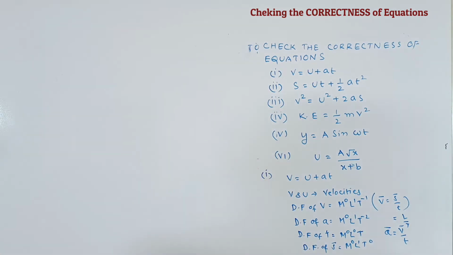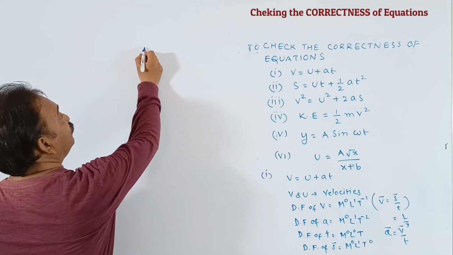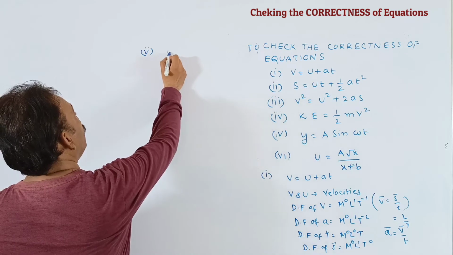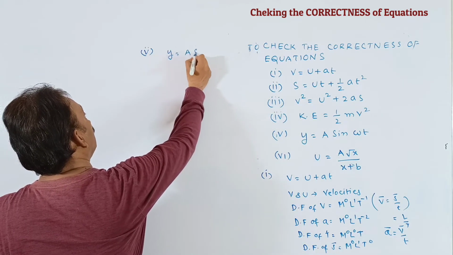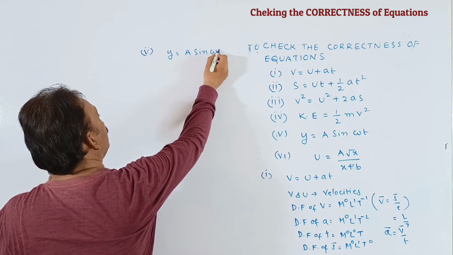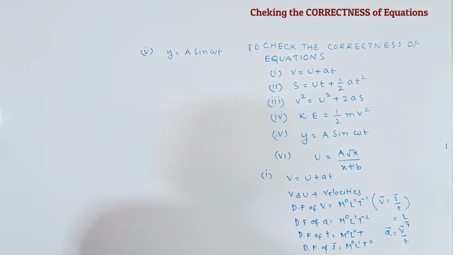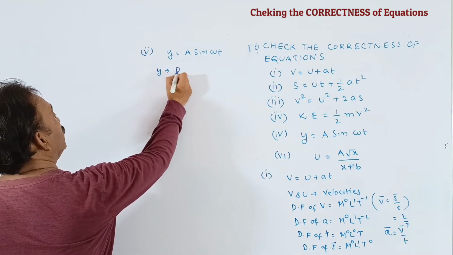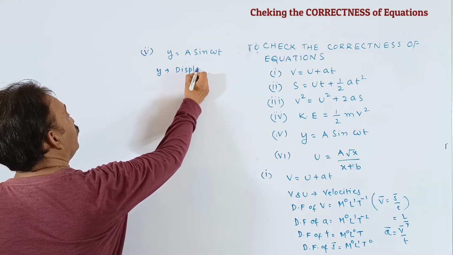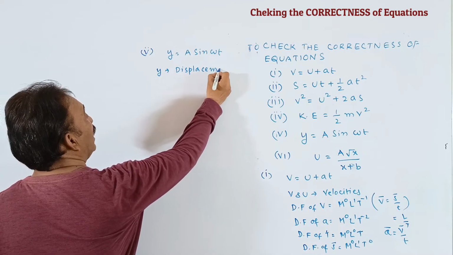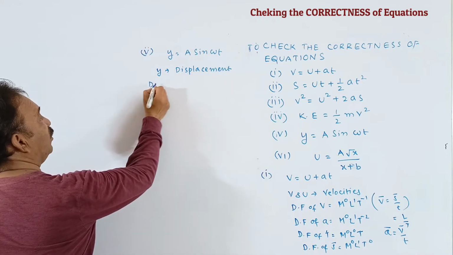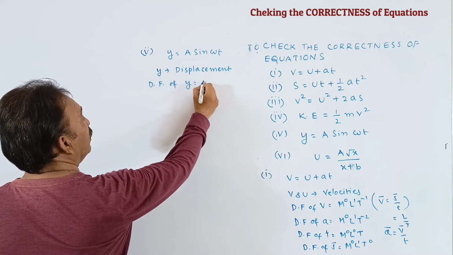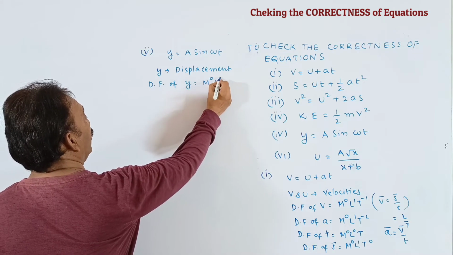Students, let's take the fifth equation. It goes like this: y is equal to a sine omega t. It is the equation of a wave where y is the displacement along the y-axis, and the dimensional formula of y is displacement, M0 L1 T0.